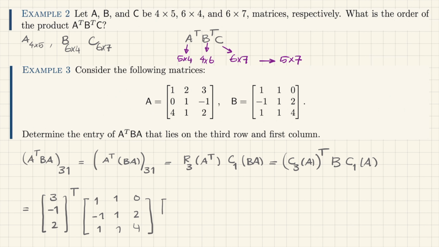First column of A is 1, 0, 4. But you see, on the left-hand side, I have a transpose of this column matrix. So what does it mean? It means that I can write it as 3, minus 1, 2, multiplied by 1, 1, 0, minus 1, 1, 2, 1, 1, 4.